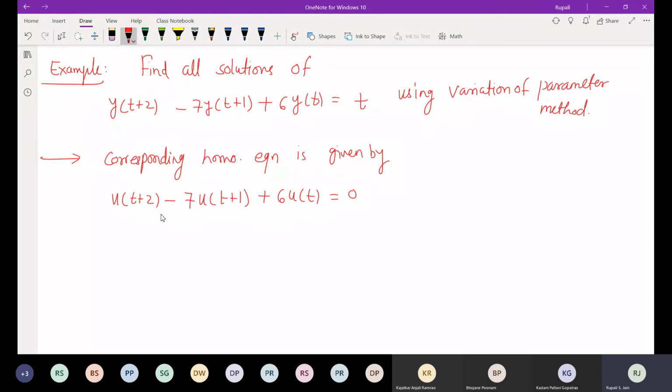So let u1(t) and u2(t) be two linearly independent solutions of this.